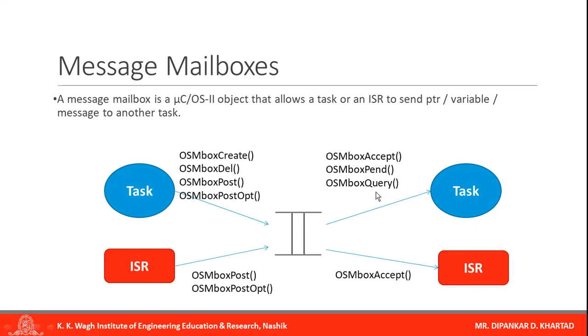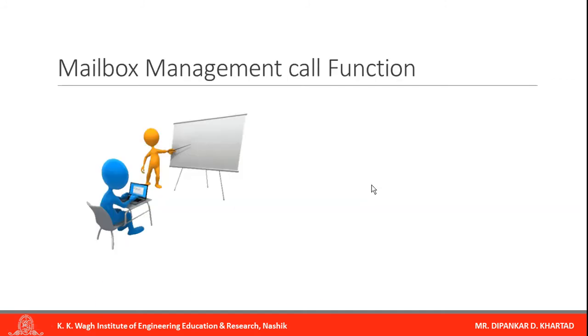Now let us discuss all the functions one by one. Basically there are 6 main functions: create, delete, post, accept, pend, and query. So let us discuss it one by one, and we will find out the management call functions.